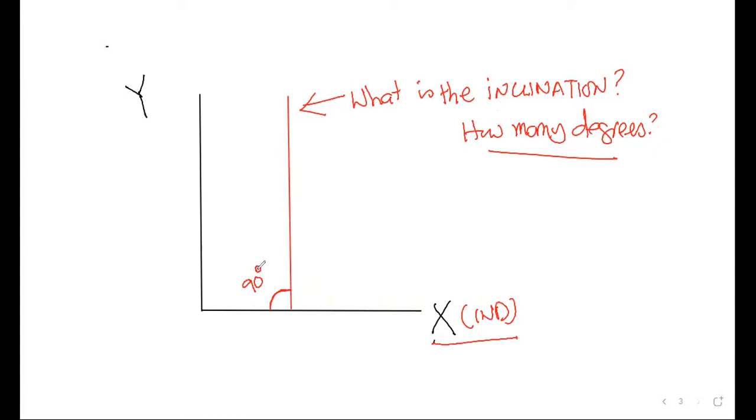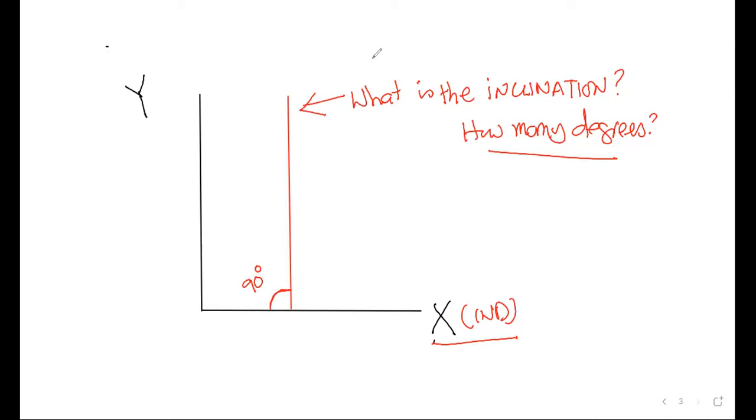Isn't it 90 degrees? Yes, sir. So those of us who studied mathematics from high school were told, as religiously, that the x-axis is always the independent axis. So if you see a vertical line like this, that must be vertical to the x-axis, which is 90 degrees.